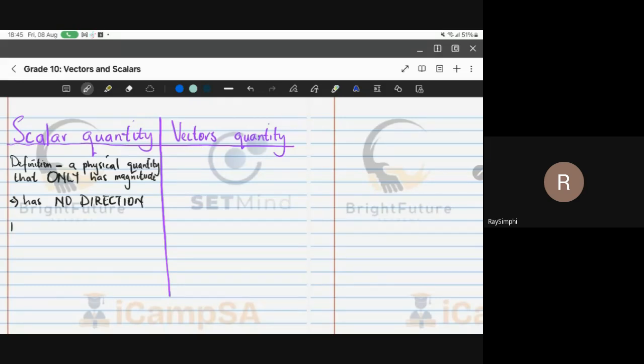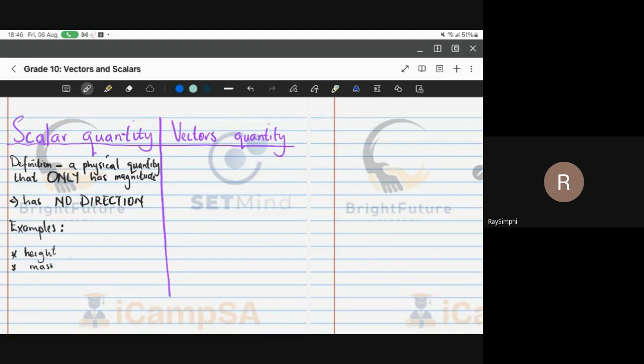So typical examples of this are, for instance, your height. If you're 2 meters tall, you're just 2 meters tall. There's no direction to that. Your mass.